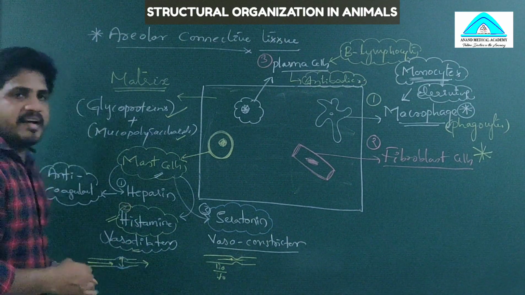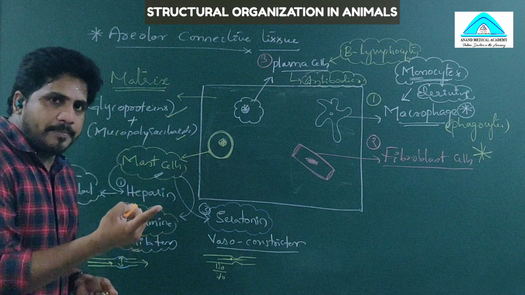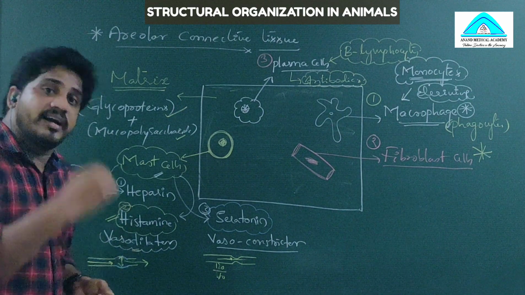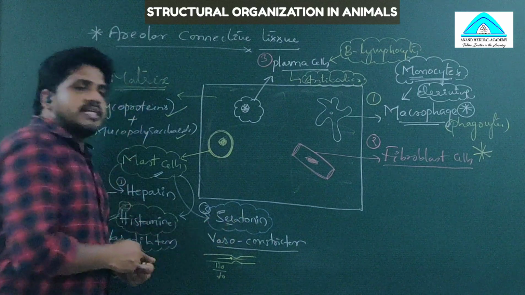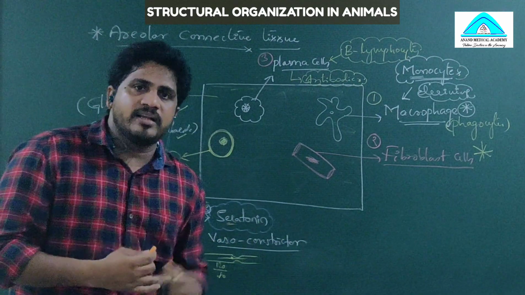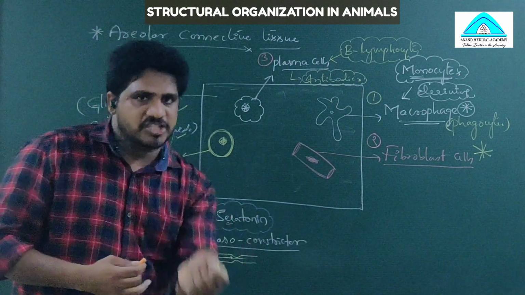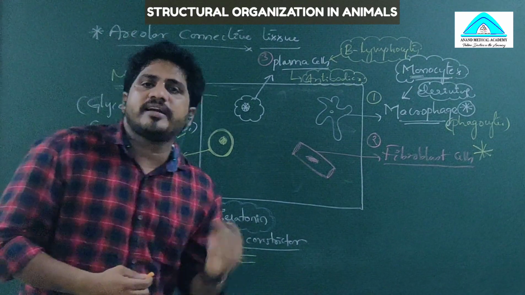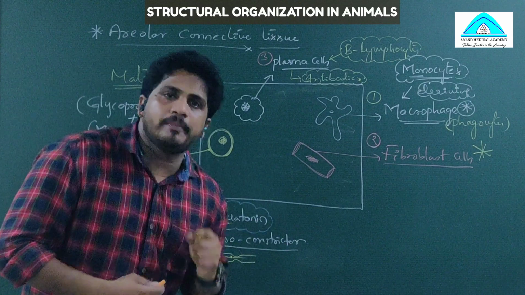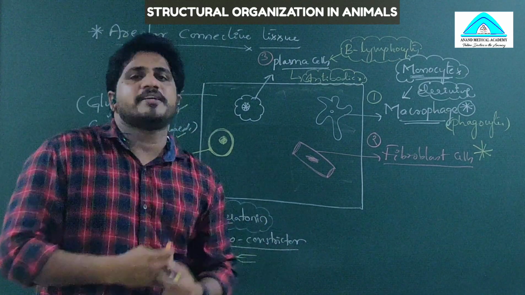Histamine acts as a vasodilator. Does it increase the blood pressure or decrease the blood pressure? Decrease the blood pressure by dilating the blood vessel. Another one is serotonin. What is the action of serotonin? Serotonin is a vasoconstrictor. During vasoconstriction, does it increase or decrease the blood pressure? Generally, it helps to increase the blood pressure.